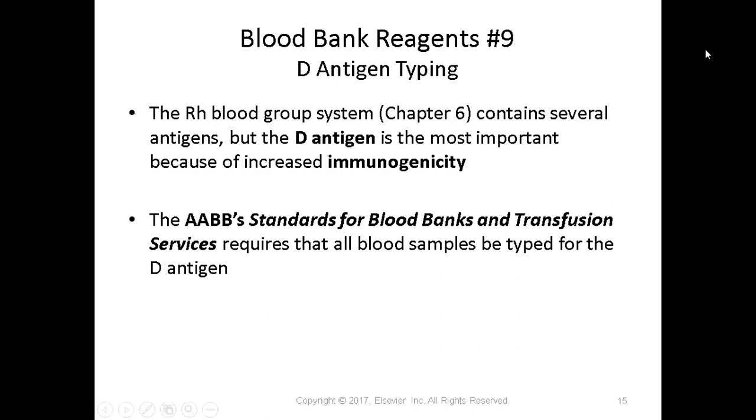AABB is the American Association of Blood Banks. They put forth standards that are followed throughout the United States, and AABB requires that all blood samples be typed for the big D antigen. So it's not good enough just to know somebody's ABO type, whether I'm type A, B, or what have you. We also need to say, I'm A positive or I'm B negative.